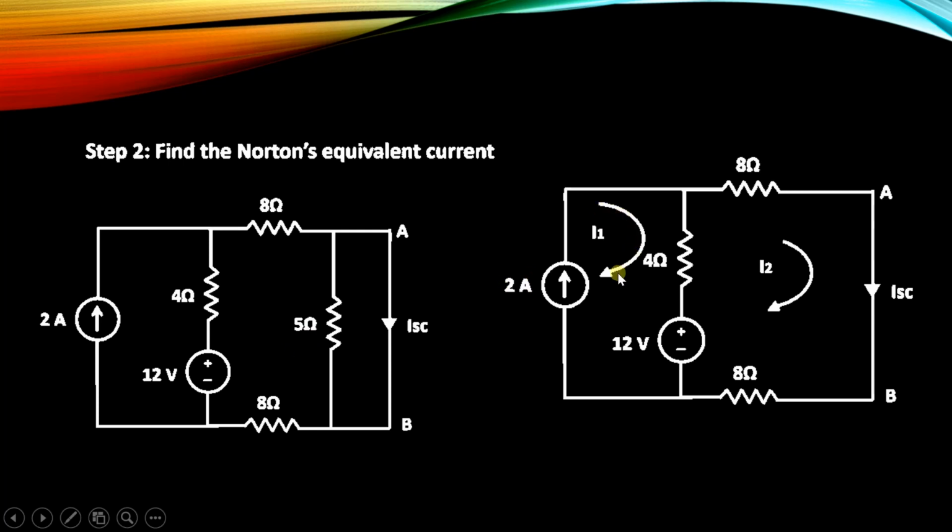In the first loop the current I1 is flowing, and in loop 2 the I2 current is flowing. Here I1 is equal to 2 ampere as the current source is connected here, and I2 is equal to the short circuit current as the short circuit current is flowing in this second loop.